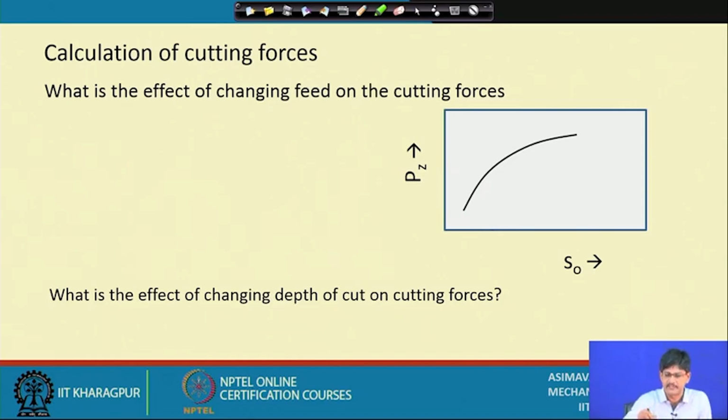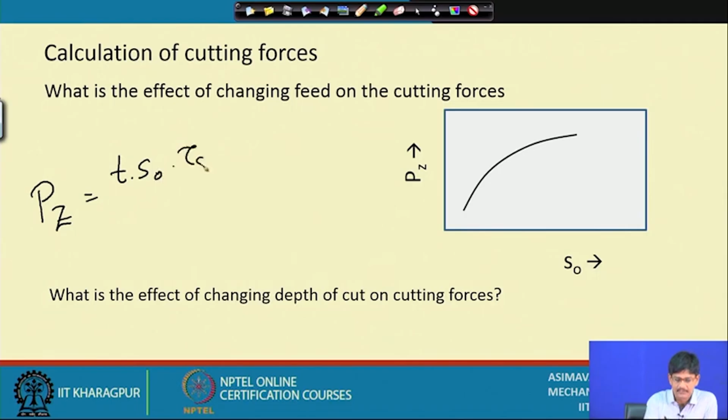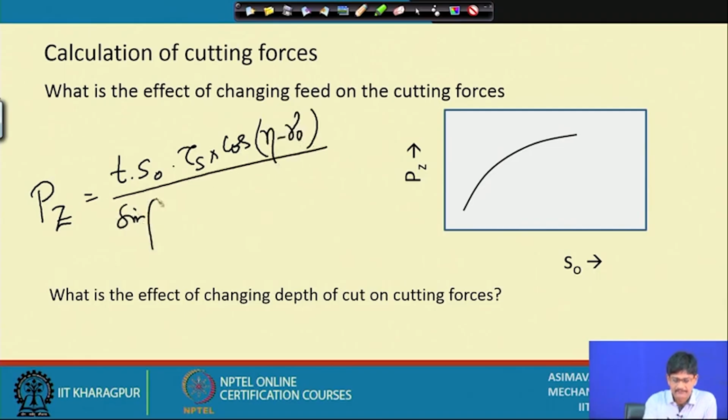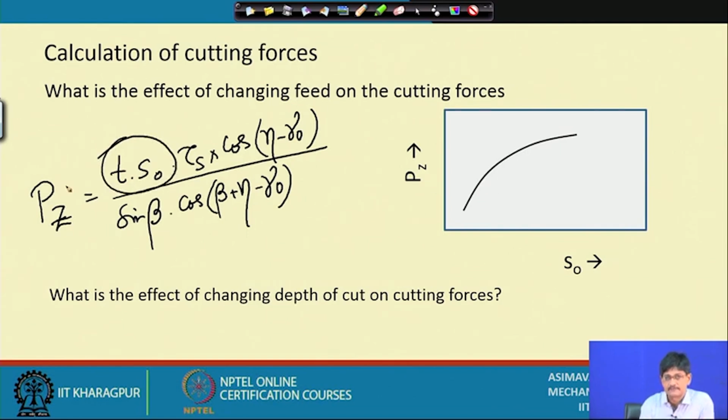The expression of P z tells us P z is equal to T into S O into tau S into cos eta minus gamma O divided by sin beta into cos beta plus eta minus gamma O, etc. And if you take P x y or other expressions, you will find that these things are there in cutting force expressions.